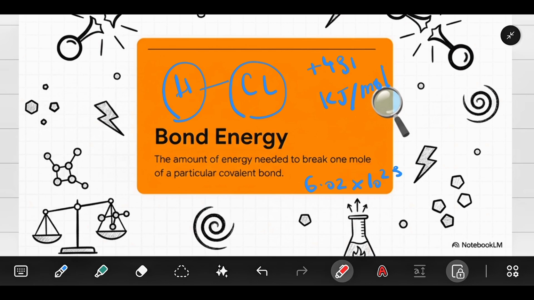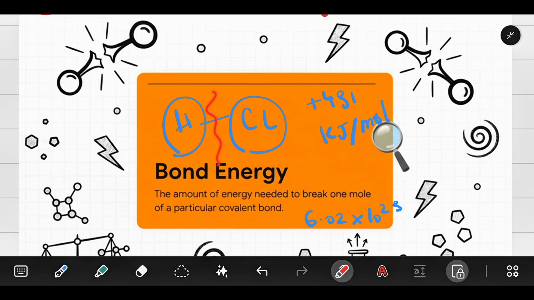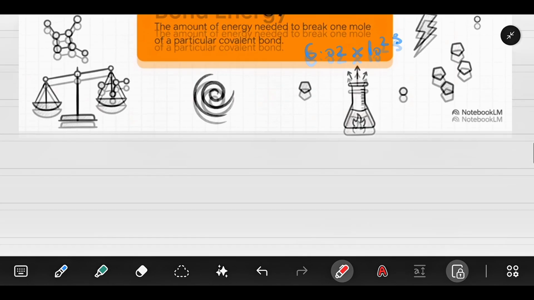All right. So breaking bonds is an endothermic process, as it requires energy. On the other hand, bond formation is an exothermic process.